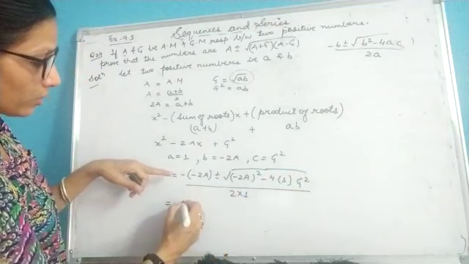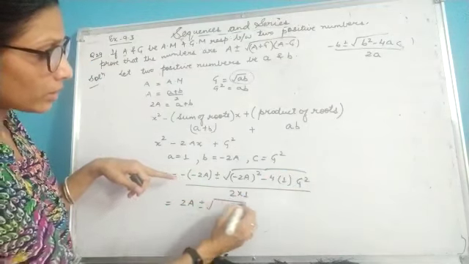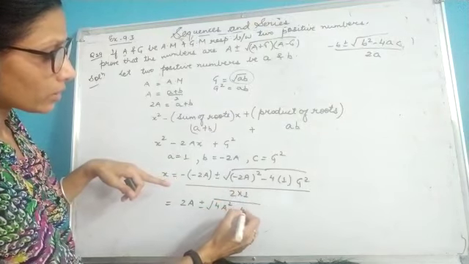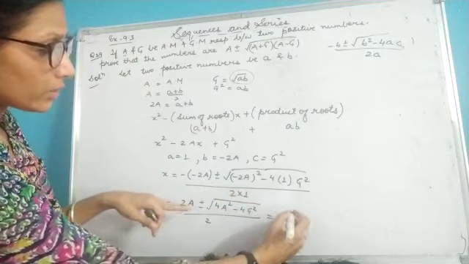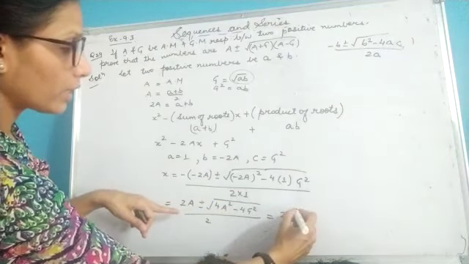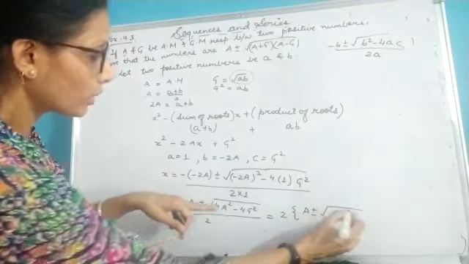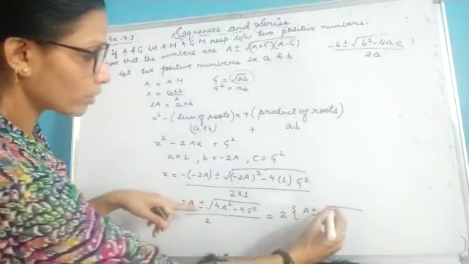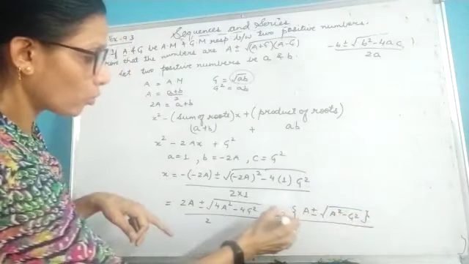Let's find out what we get after simplification. 2a plus minus under root, this will be 4a square minus 4g square by 2. I can take 4 common out of it, and here I will be getting a plus minus under root, this 4 I have taken out, so this 2 is already out here. So I will be getting a square minus g square whole upon 2.